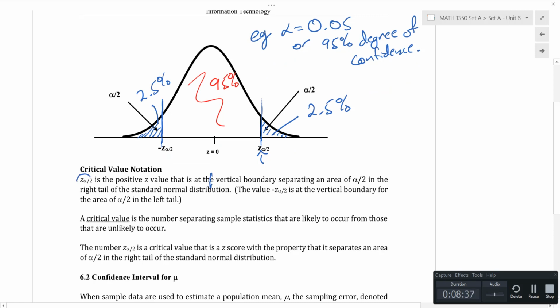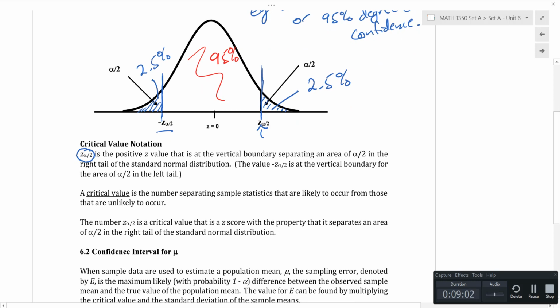So this z alpha over 2 is the positive z value. We take the positive by convention. That's at this boundary that separates this area of alpha over 2 from the rest. The corresponding negative z alpha over 2 is on the other side, exactly symmetric.